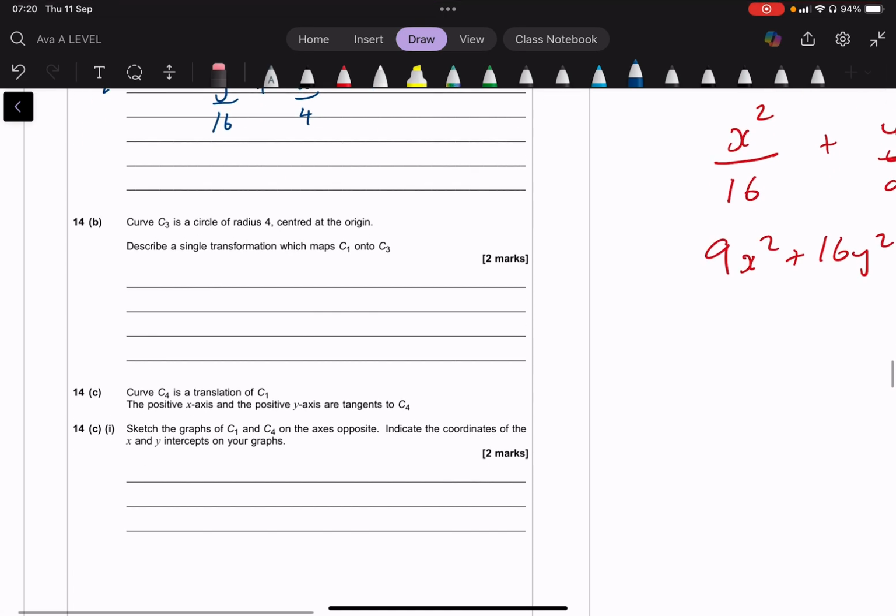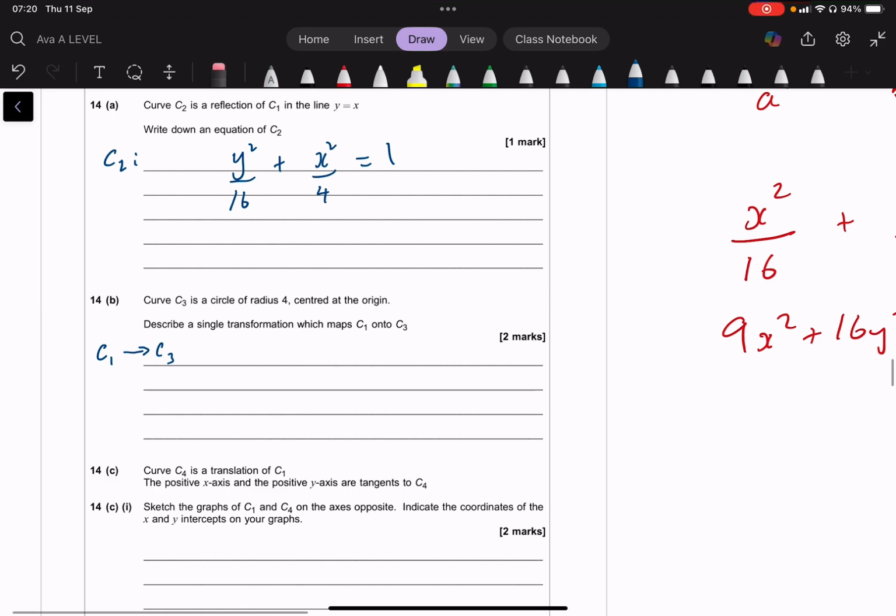Part B, curve C3 is a circle of radius 4 centered at the origin. How can we go from C1 to C3? Okay, so it has a radius of 4, so let's keep the x squared over 16. So we need this to be y squared over 16 is equal to 1.